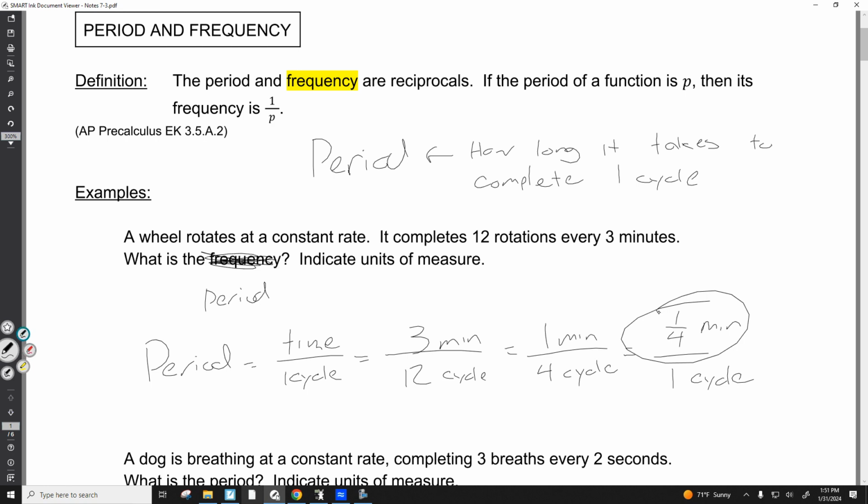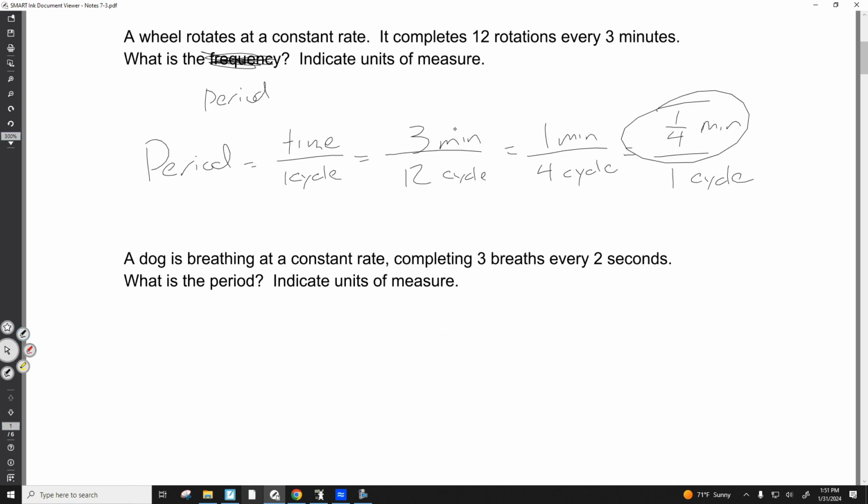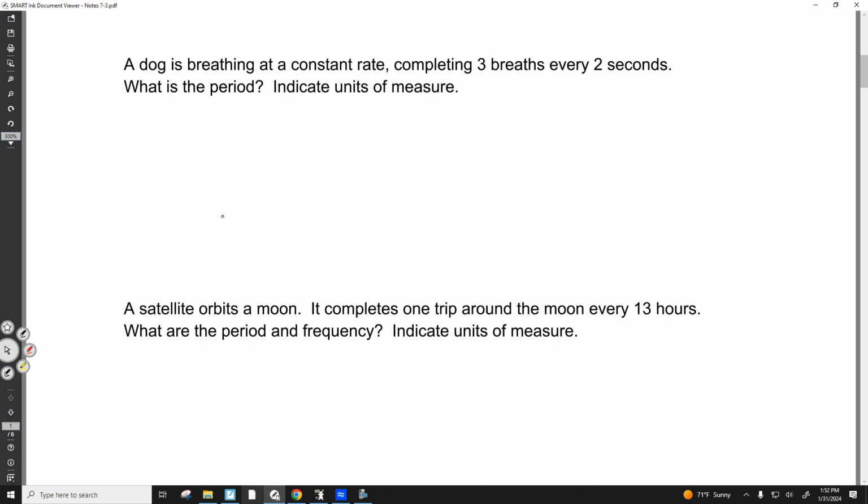Got it? Okay, do the next two. What is the period of a doggy breath? What is the period of the satellite orbiting the moon?